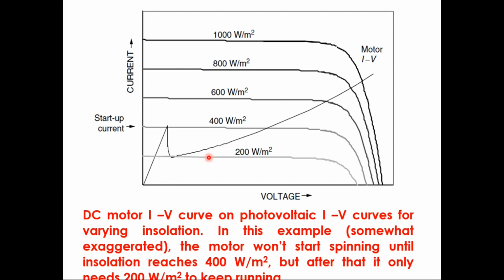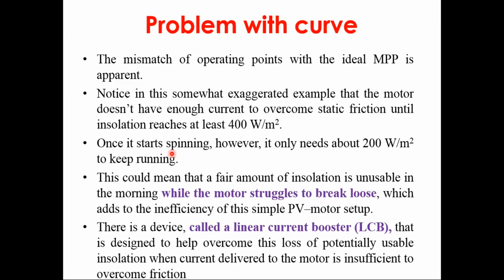Then it will start. Once it starts, it requires very little radiation to keep running. It means that during early morning and late evening the motor will run, because it needs only 200 watt per meter square, meaning low radiation.